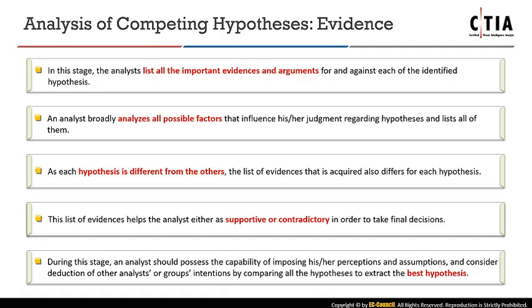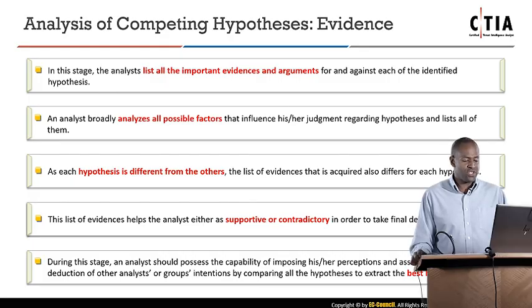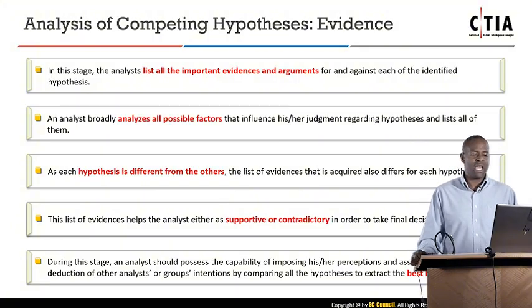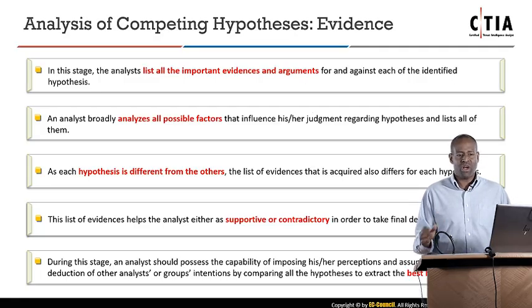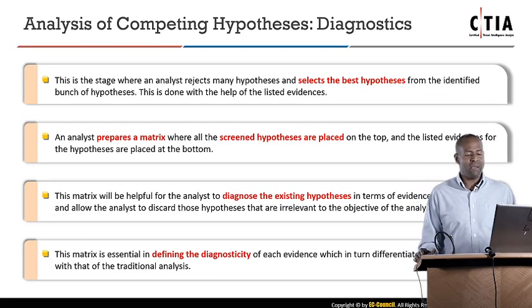So during the stage, the analyst should possess the capability of imposing his or her perceptions and assumptions and consider deductions of other analyst groups' intentions by comparing all the hypotheses to extract the best one. So again, brainstorming. We're considering it all. We're throwing out the stuff that is irrelevant or non-useful, even though we've considered it and we decide that it's not, and then we eventually come up with the best hypothesis.